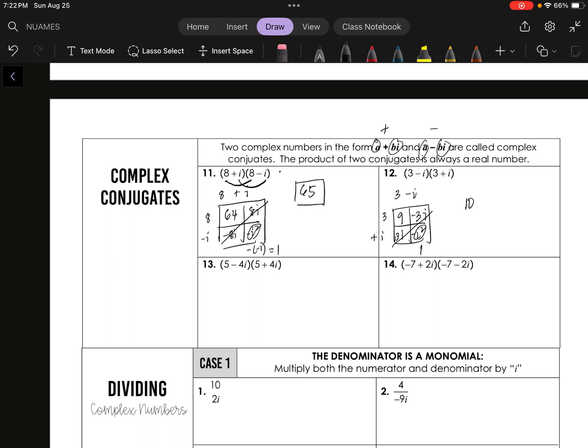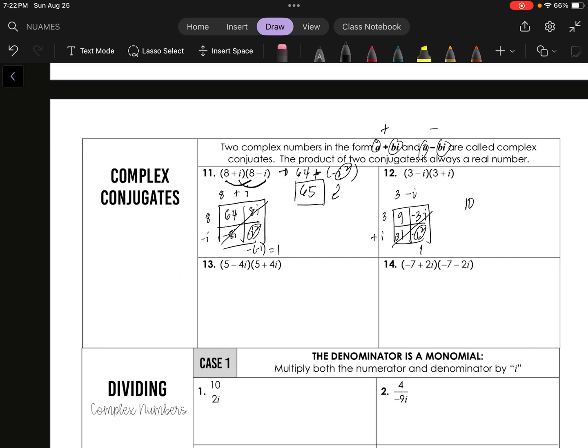So this one can be rewritten as 8 times 8 is 64 minus, what's the product of i times negative i? That's just negative i squared, which gives you negative 1, negative 1. So this just gives you plus 1, right? So that gives you 65.